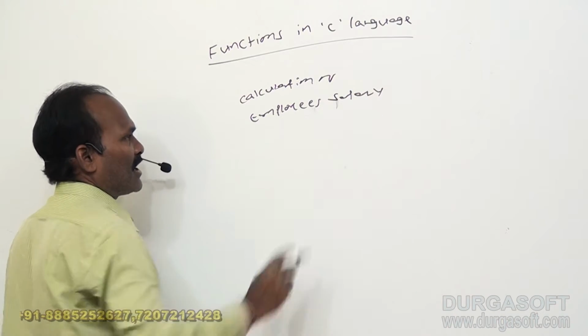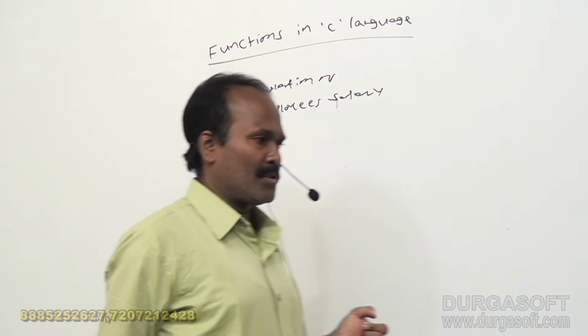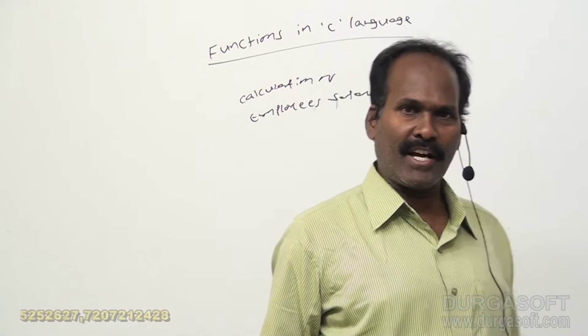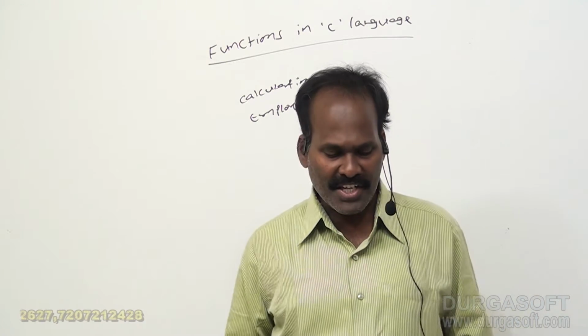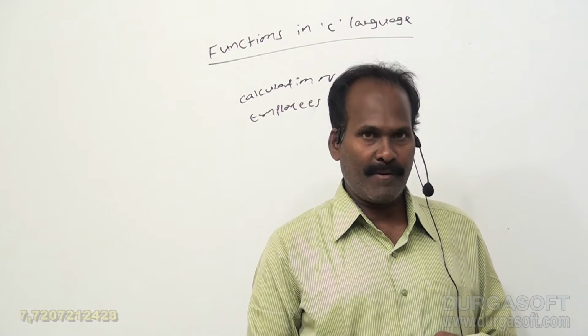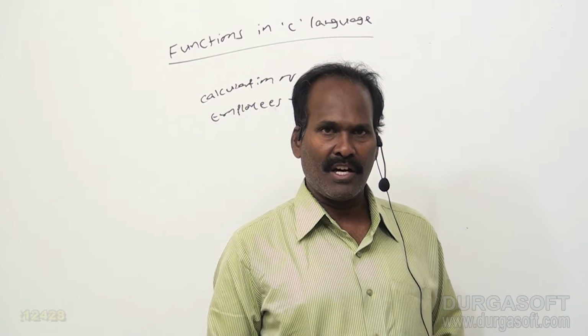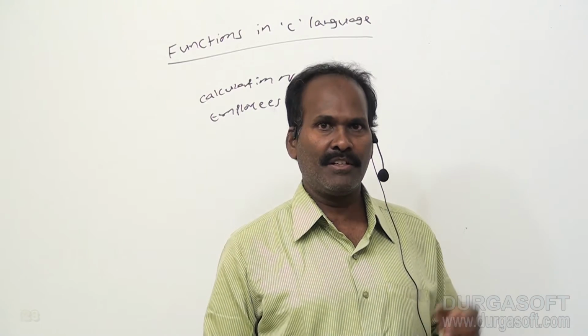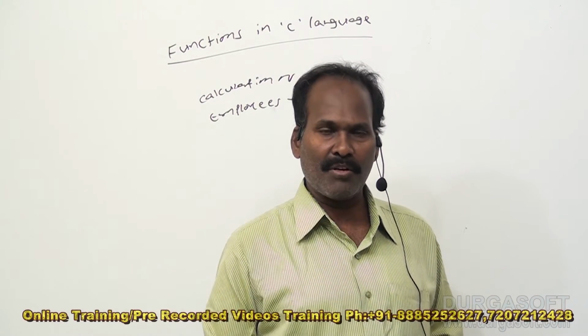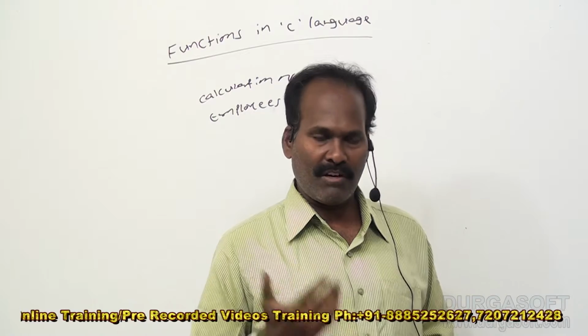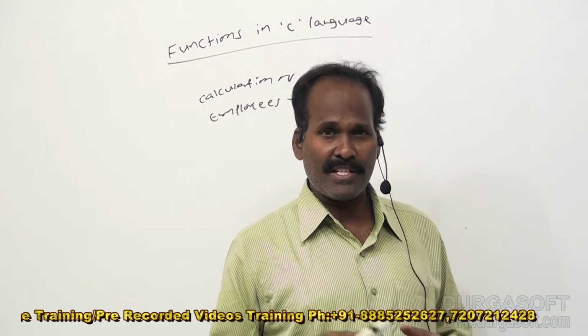So how are you going to calculate employee salary normally? To calculate the employee salary, so many criteria we have to consider, like seniority, allowances, bonus, TS, DS, and the number of leaves he has taken in the month. Based on several things we are going to calculate that employee's salary.